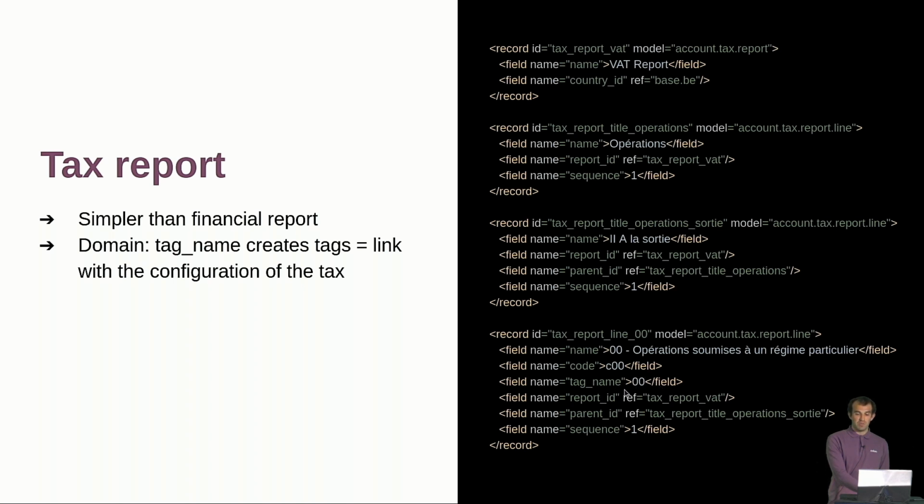And that's actually the link you will see in the tax grid on the configuration of the tax. And the tax form will have this name. It will be +00 or -00. And so this is how we define how the tax reports and the taxes are linked.